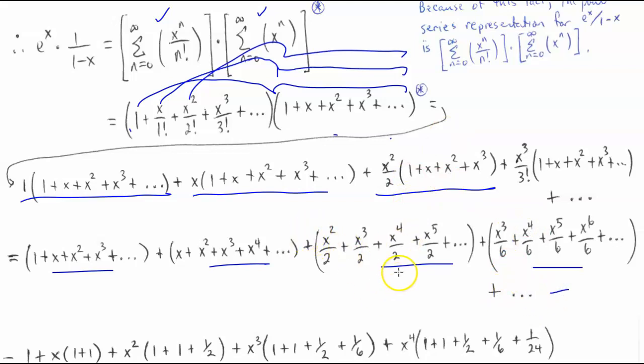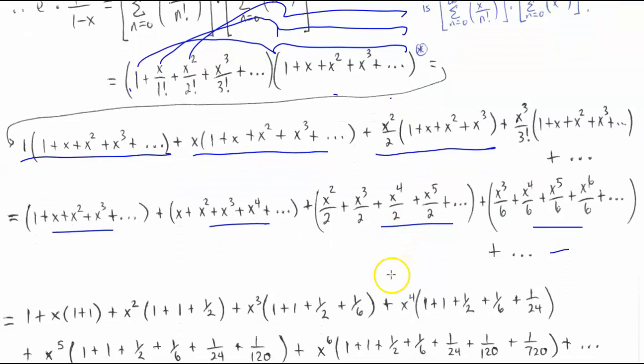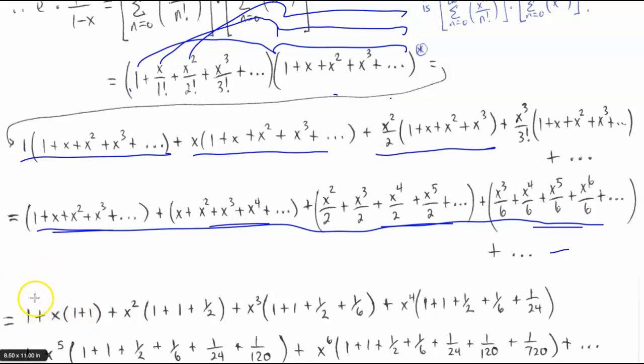So from this point, out of all these terms that I have listed, I am grouping them in terms of what constants do I have, what are the like terms with x in it, what are the like terms with x squared in it, what are the like terms with x cubed in it, what are the like terms with x to the 4th in it, what are the like terms with x to the 5th in it, what are the like terms with x to the 6th in it, okay?